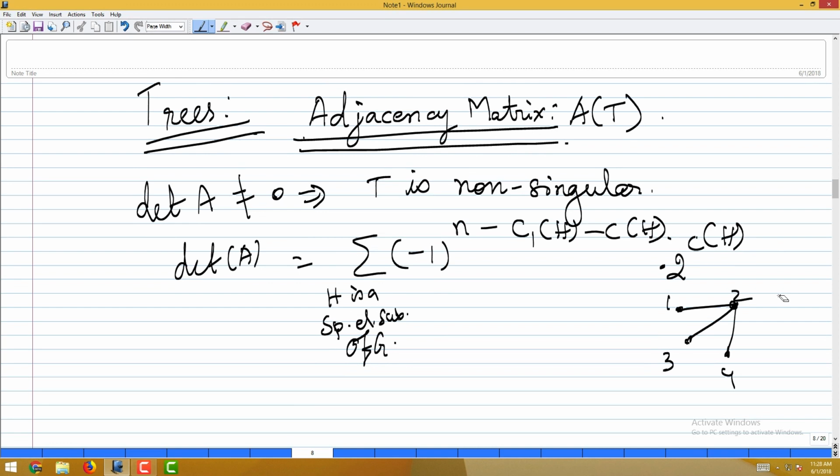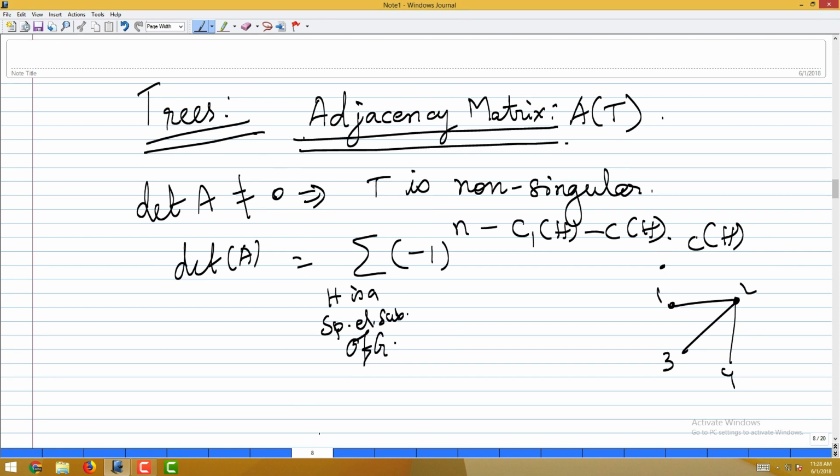I can get an elementary subgraph, say 1, 2 is an edge, it is an elementary subgraph; 2, 3 and 2, 4 are all elementary subgraphs, but do they span my graph? We are talking about a spanning subgraph here. So, what should be there in that case? Yes, a perfect matching. If we have a perfect matching, then we can say that our T is non-singular.